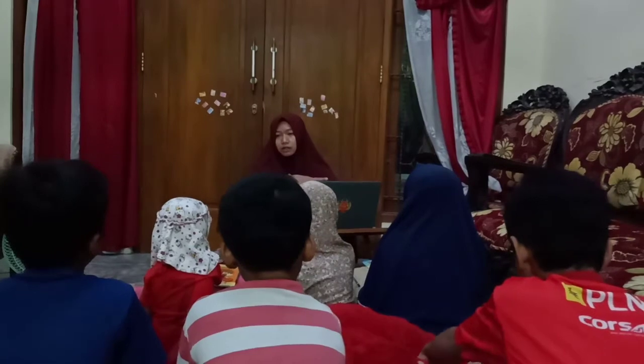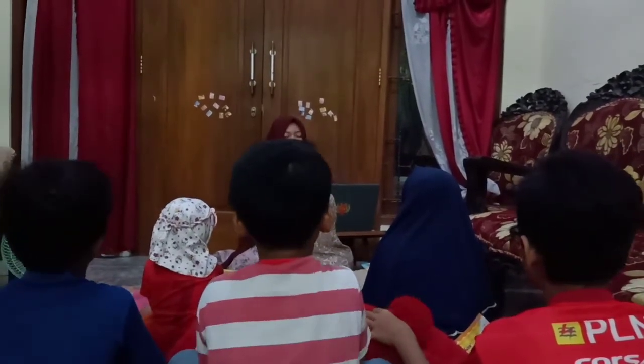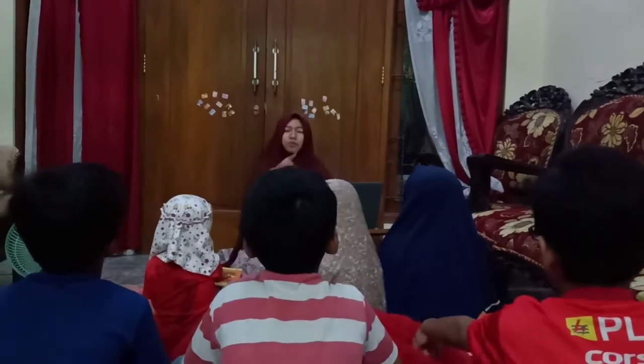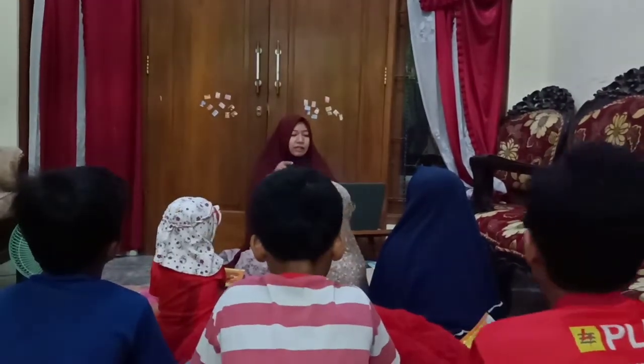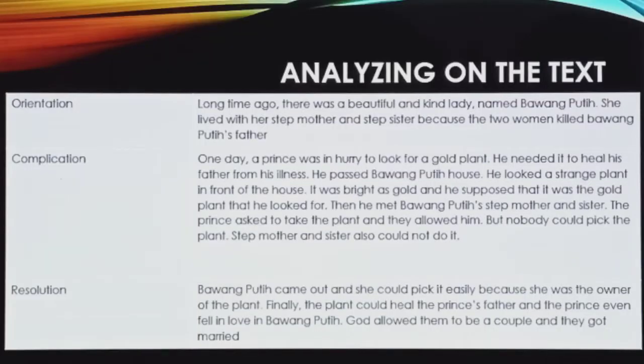For the orientation of the story, the keyword of the orientation is long time ago, once upon a time. So the orientation is from long time ago until Putih's father. And for complication, from one day until but nobody could pick the plants.